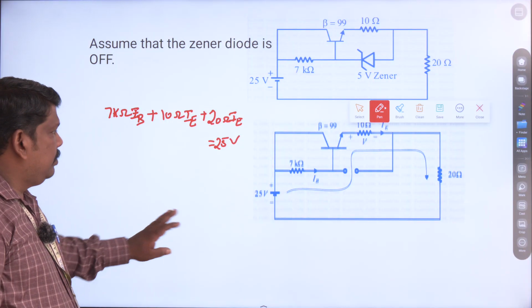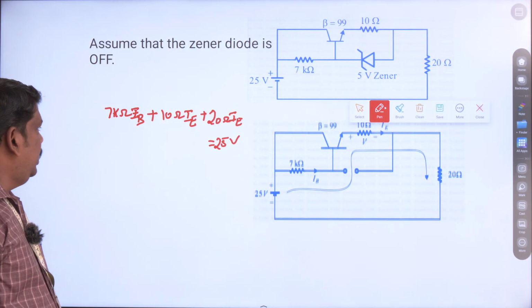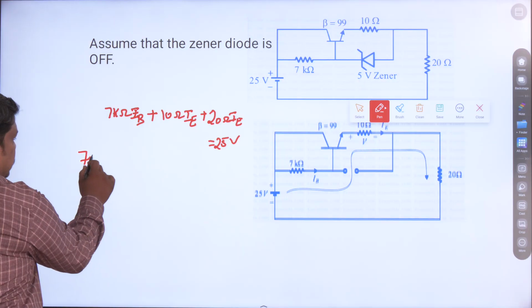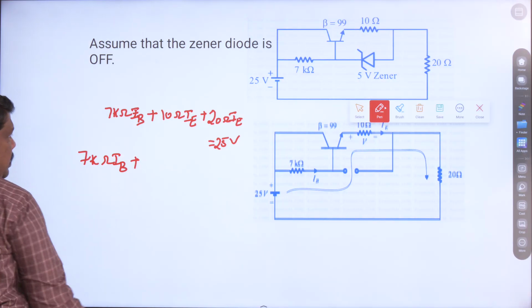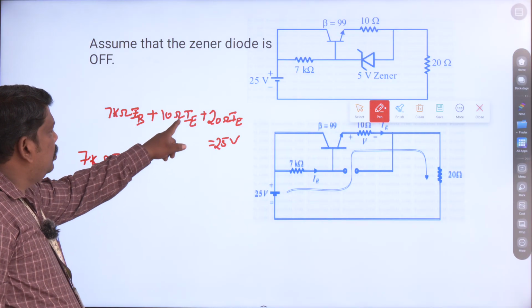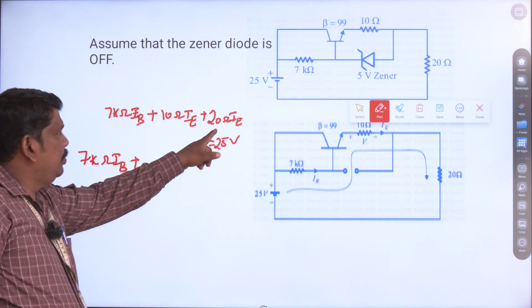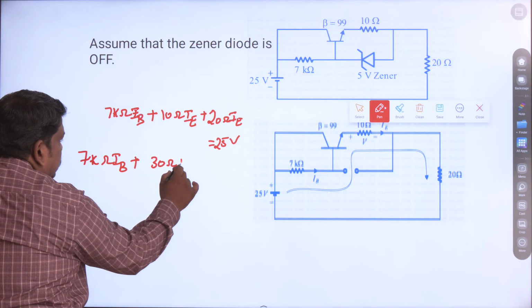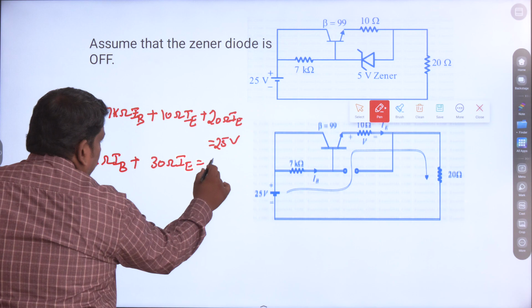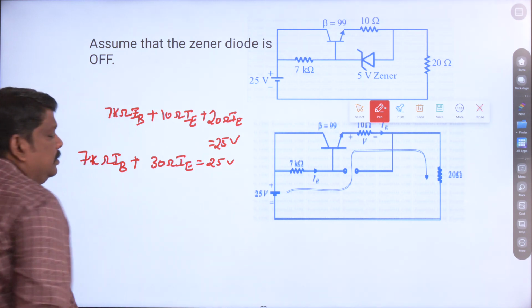Simplifying, 7k IB is the base current term, plus 10 ohms emitter current plus 20 ohms emitter current, so a total of 30 ohms emitter current, is equal to 25 volt.